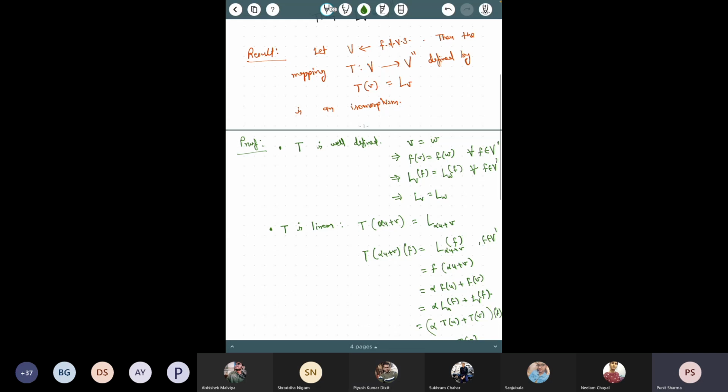Let's say the dimension of v is n. How do you know that the dimension of v double dash is also n?